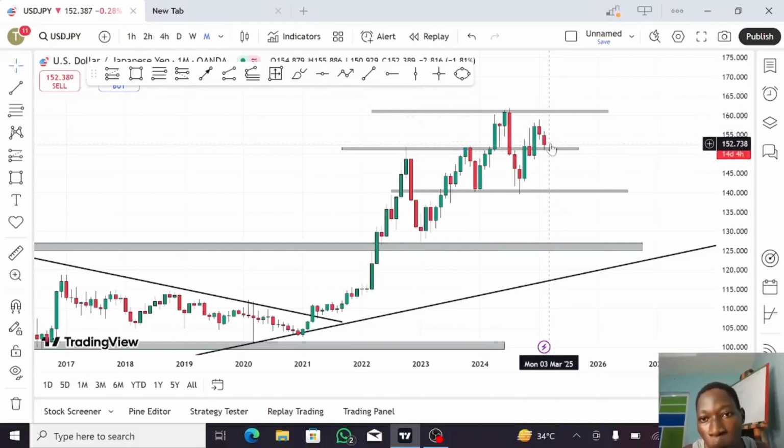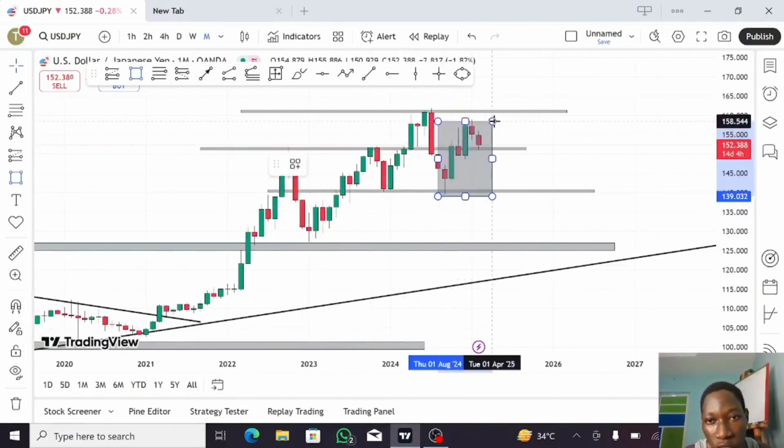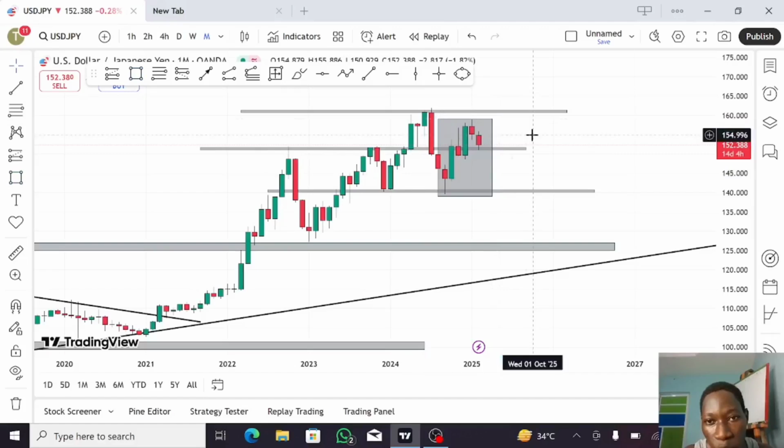You get? But if the market breaks this level to around this point, most likely it might come to this point here. But note that this particular market is the current trend on the daily time frame, right?